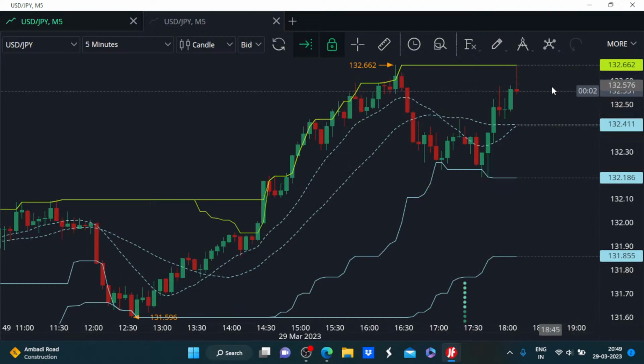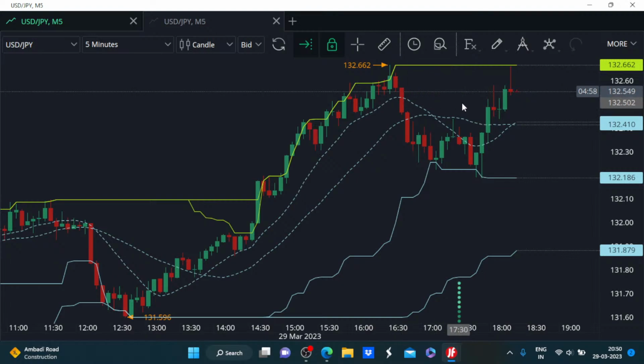So watch out for these price moves for the next couple of hours, and if it seems to be holding these levels, then I think JPY is apparently much more bearish in comparison to the euro.